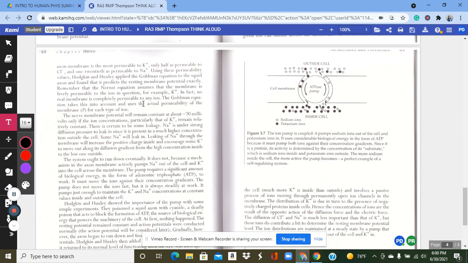Sodium is under strong diffusion pressure to leak in, since it is present in a much higher concentration outside the cell, and some sodium will leak in. Leaking of sodium through the membrane will increase the positive charge inside and encourage some potassium to move out along its diffusion gradient from the high concentration to the low one inside.